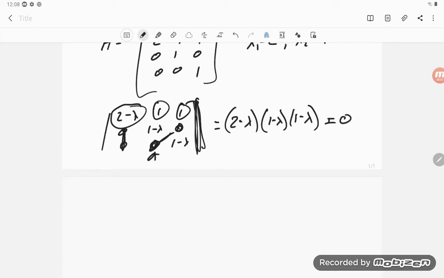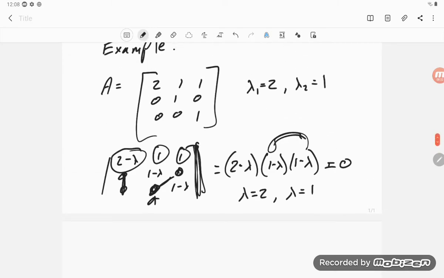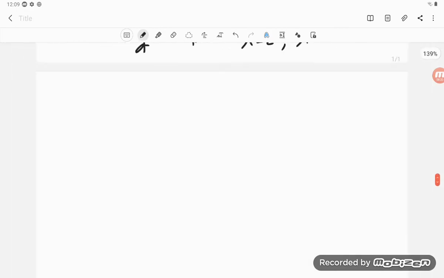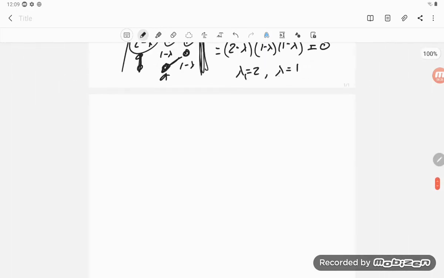We set that equal to 0, and so we get lambda equals 2, lambda equals 1. And if these were distinct, I would get all three from that. But you see, for an upper triangular or lower triangular or a diagonal matrix, I can just read off the eigenvalues from the diagonal. Okay, so those are our eigenvalues, lambda 1, lambda 2.